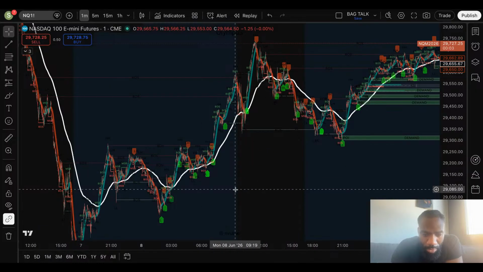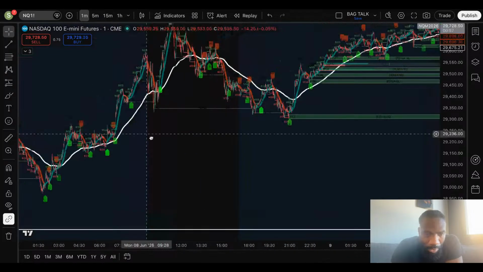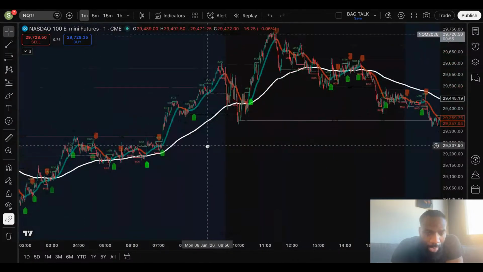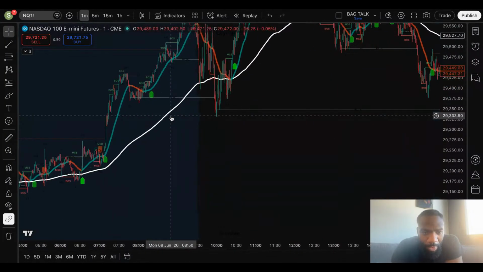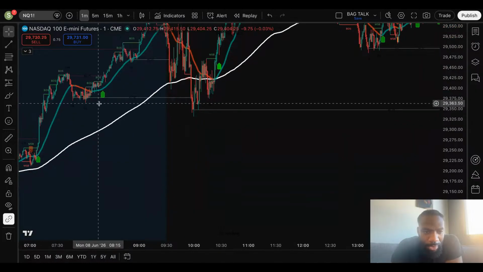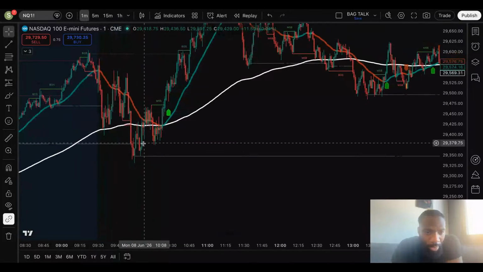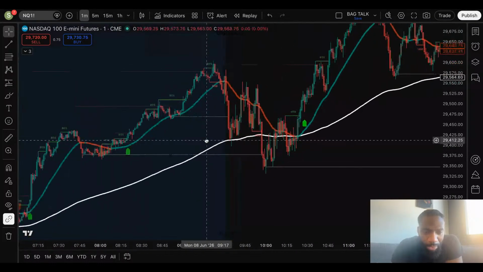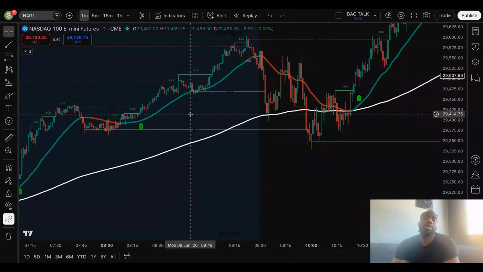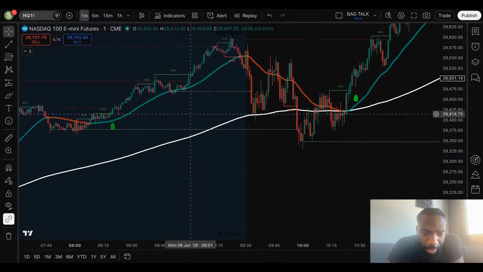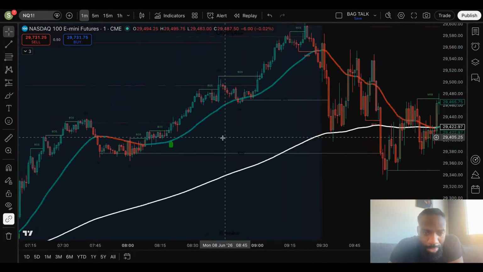Now, I take the trades off the 5 minute, or I look for the setup off the 5 minute. Yesterday I was able to enter a very risky trade. I wasn't on stream, so I allowed myself to get into a trade that necessarily wasn't the best, but I was still able to profit off of it.